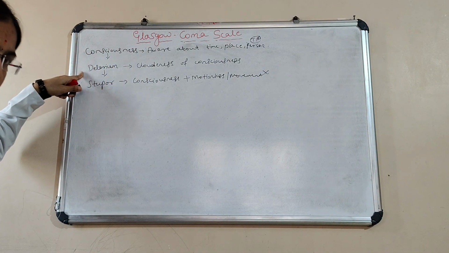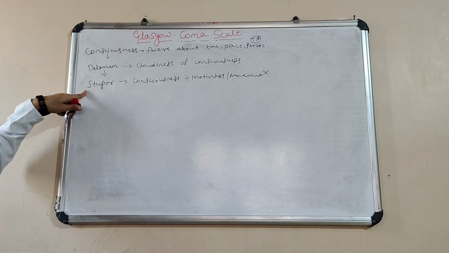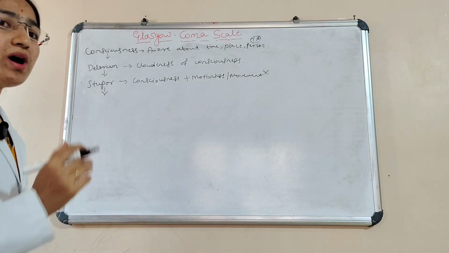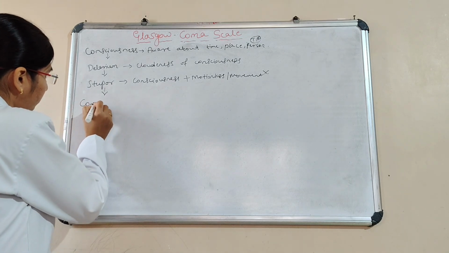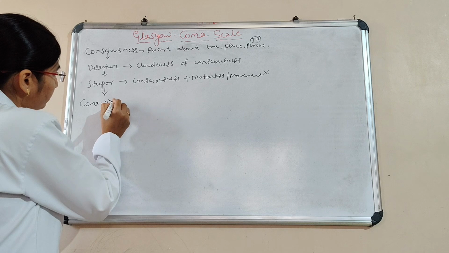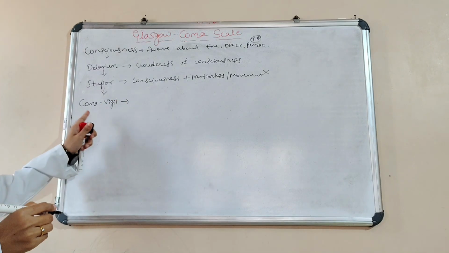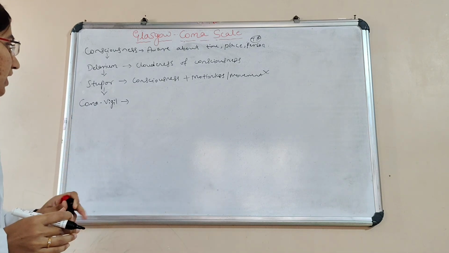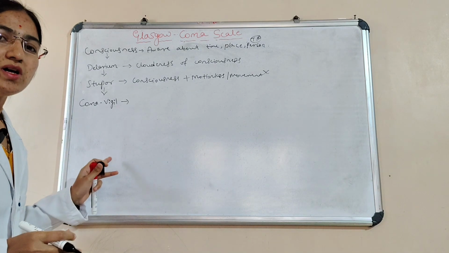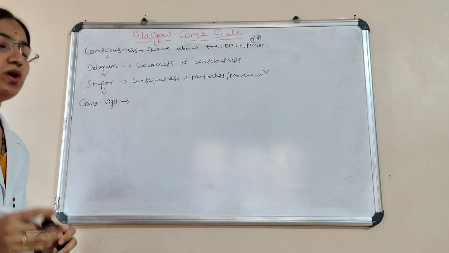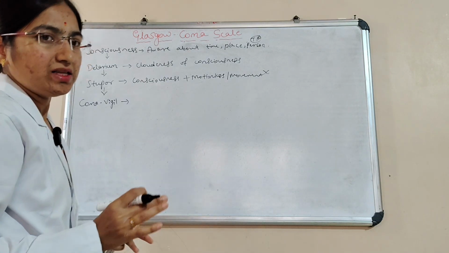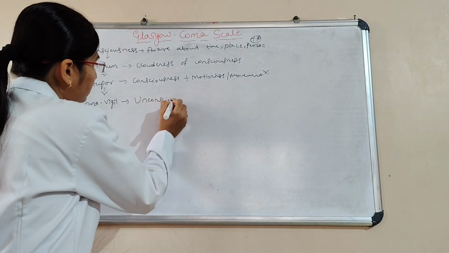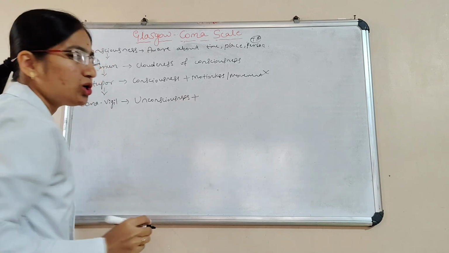Consciousness, delirium, and then stupor, and then it comes to coma vigil. Here the person will be unconscious and the eyes will be open.